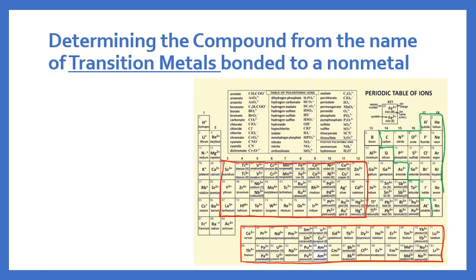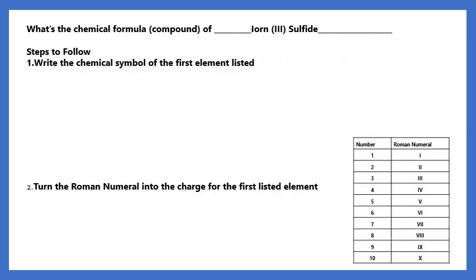Okay? So you're going to be taking the name of a transition metal bonded to a nonmetal, and we're going to be turning that name into the chemical formula. Okay? All right. So it asks, what's the chemical formula of iron 3 sulfide?